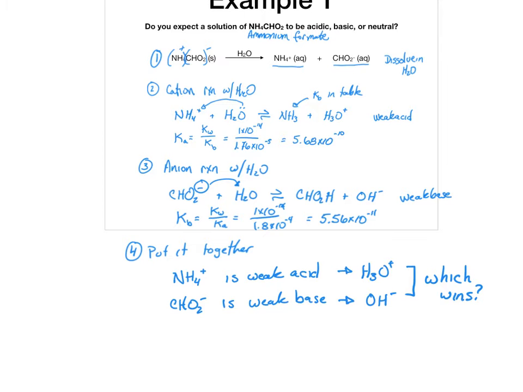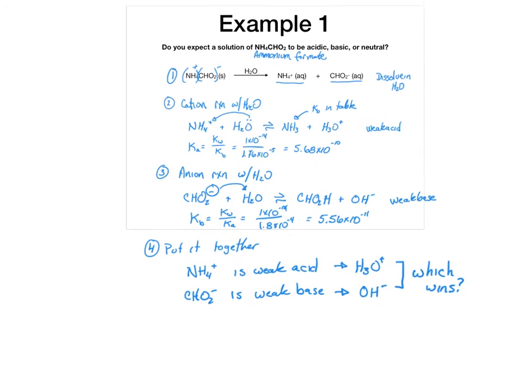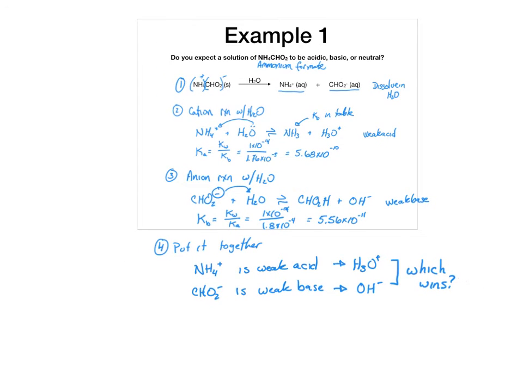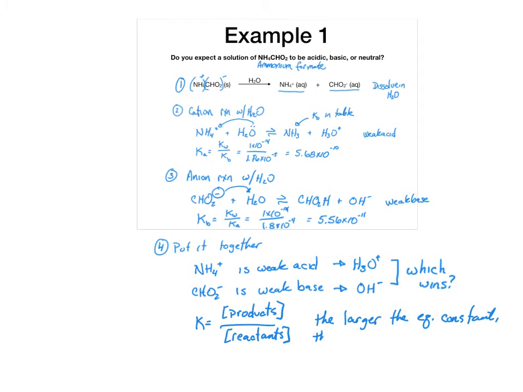And so to do this, we can compare our equilibrium values. Remember that this K is equal to our concentration of our products divided by our concentration of our reactants. This means that the larger the equilibrium constant, the more products are produced.